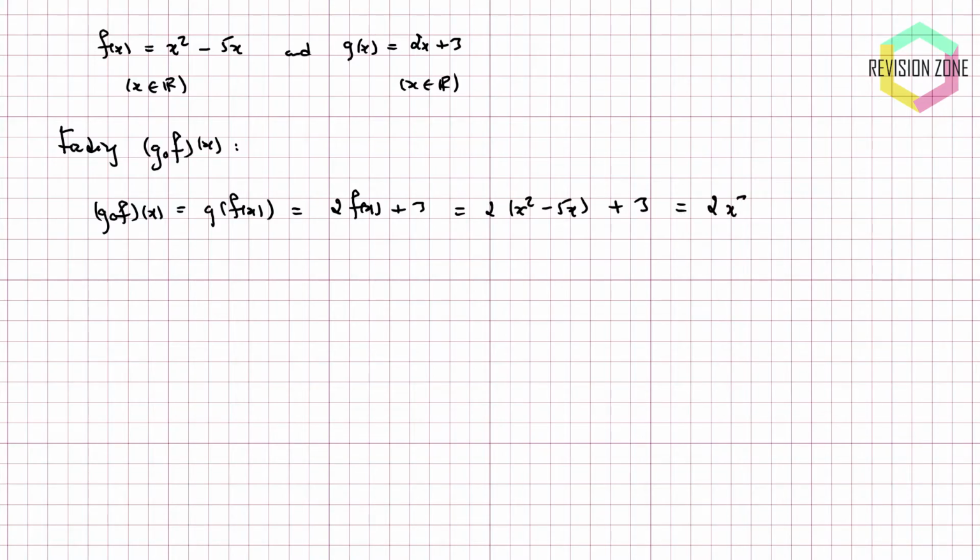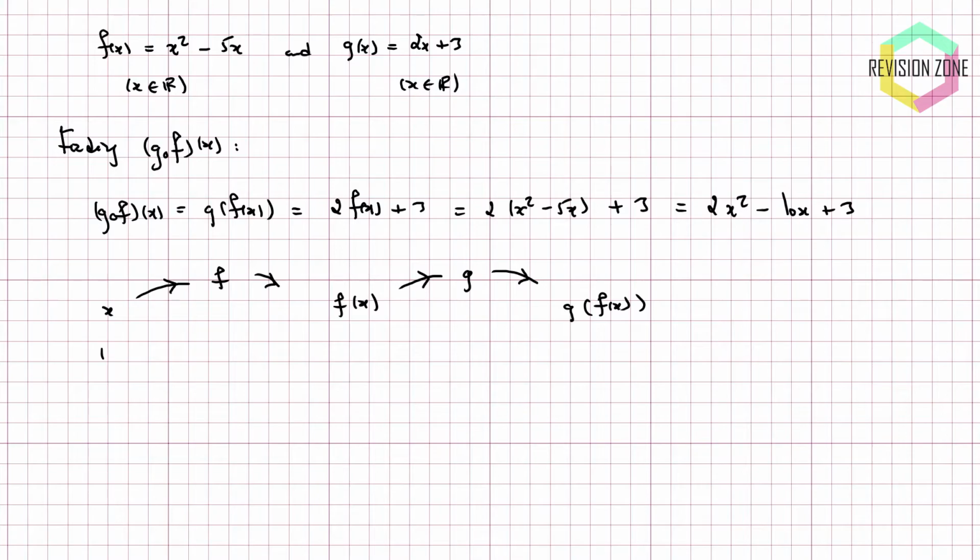It's 2x squared minus 10x plus 3, and we know that for our domain for the composite function, we start with x, and we end up with f of x first and then g acting on that. So of course that means that f is going to act on x first, and then g is going to act on that as a result.